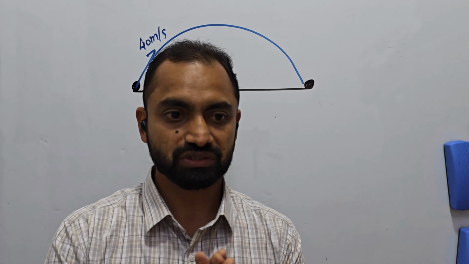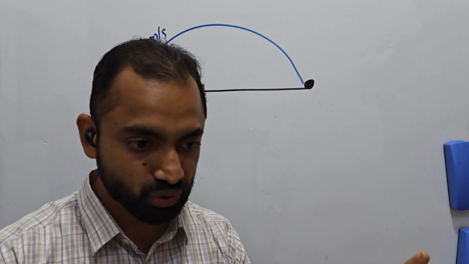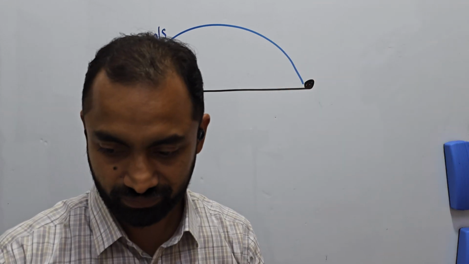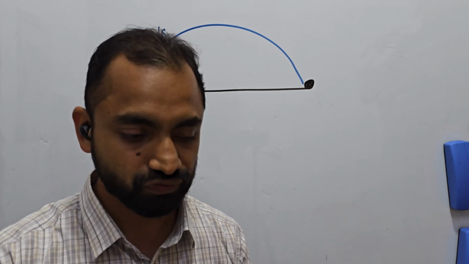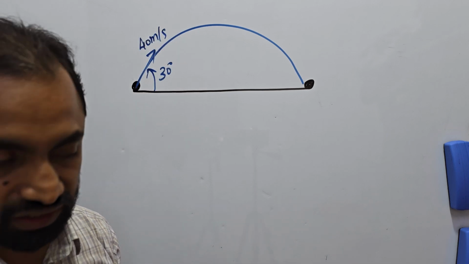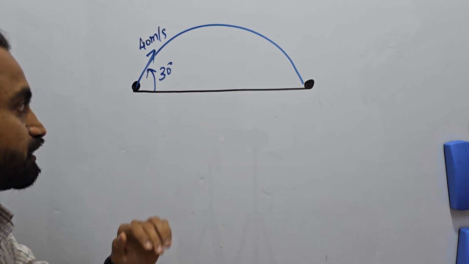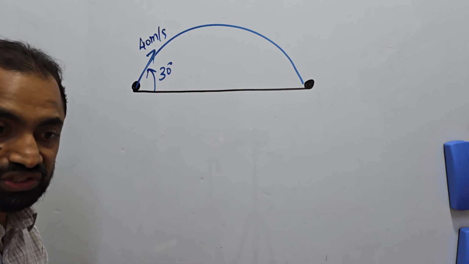What is ideal projectile motion? In an ideal projectile motion, a projectile has horizontal motion and vertical motion. Number two, what is the only force acting on the projectile? Force of gravity. Is there any air resistance? In ideal projectile motion, no air resistance, which means no energy is lost.